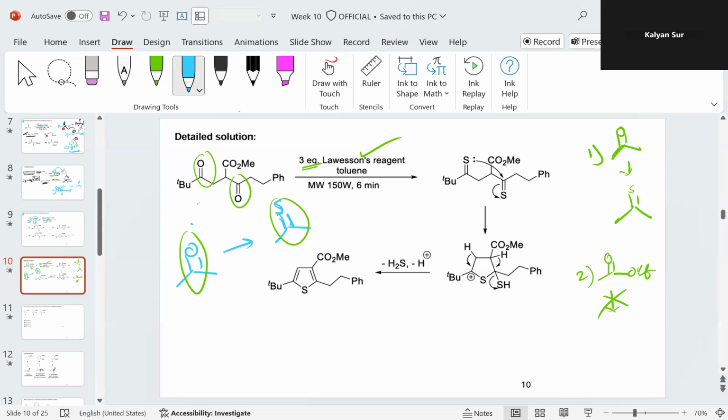Once the S double bond formation takes place, the lone pair on this sulfur attacks the carbon sulfur bond. It leads to the formation of S negative, which obviously abstracts the proton from the solvent. So it will form the SH.